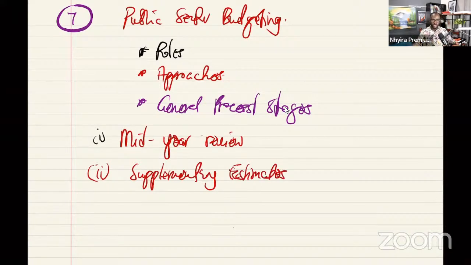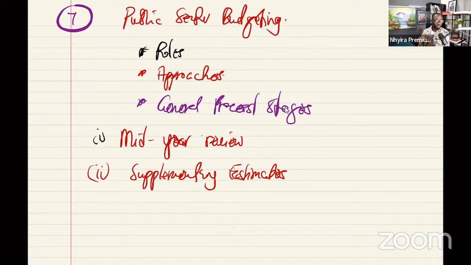Now, mid-year review, you know that before 31st of July, every year, the Minister of Finance is required by the Constitution to present a mid-year review to Parliament to account for the last quarter of the year under review, and also the first half of the current year, on how government has implemented the budget.